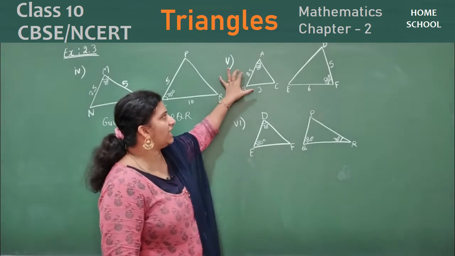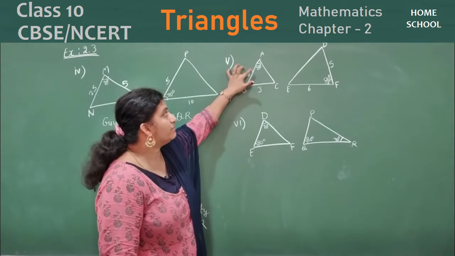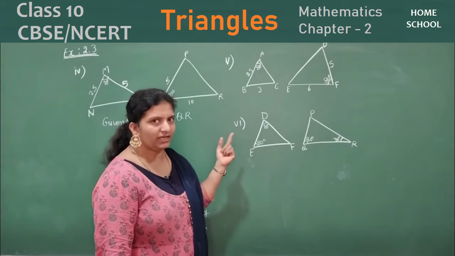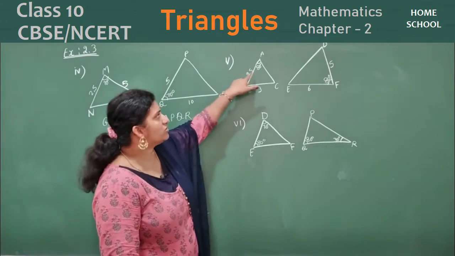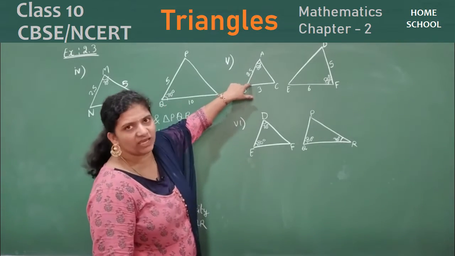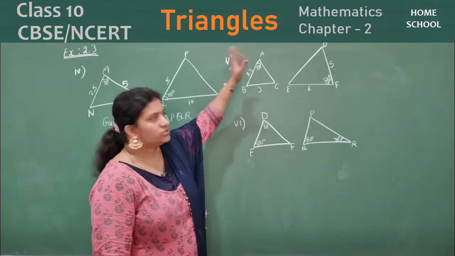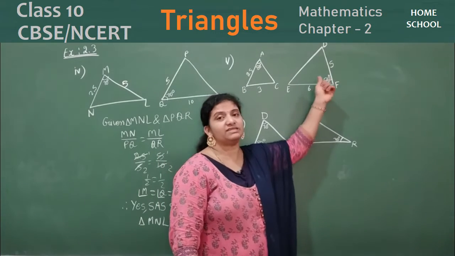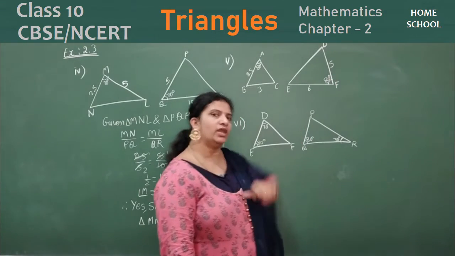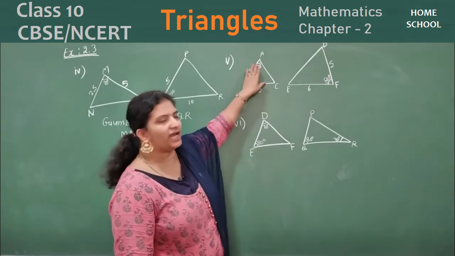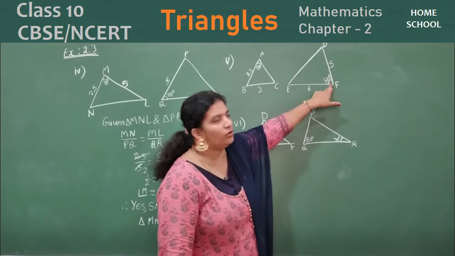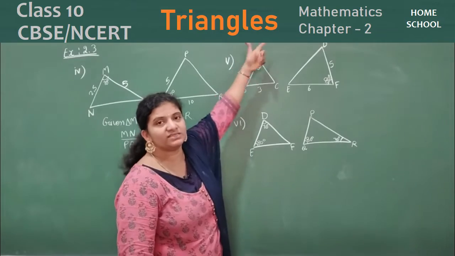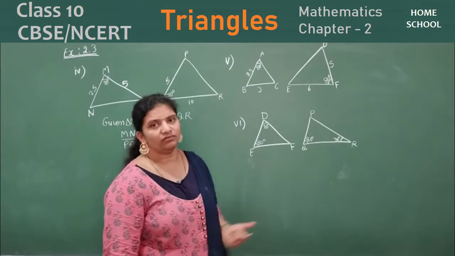Okay, so let's move to the fifth problem here. Observe here, again two sides, but this angle is not included. Is that the included angle? No. The included angle should be here, but it is here. Again here also the same pattern. How can you compare? For one triangle the two sides and the included angle cannot be compared with the other, as the angle is at the other vertex.